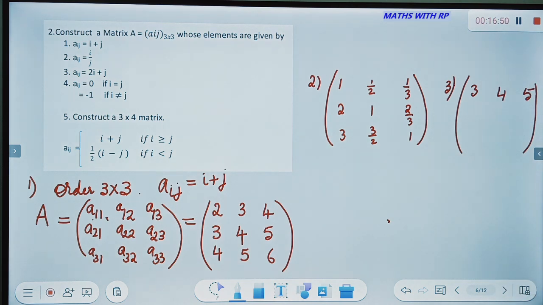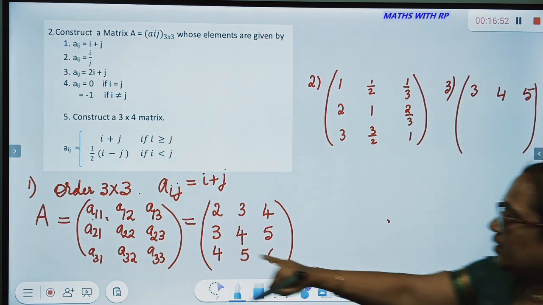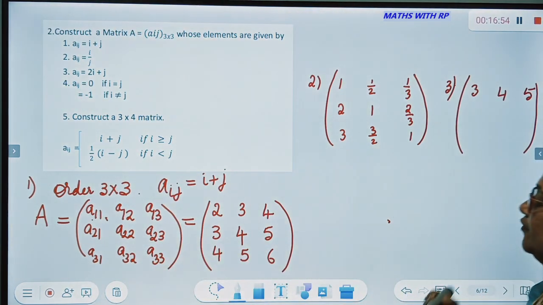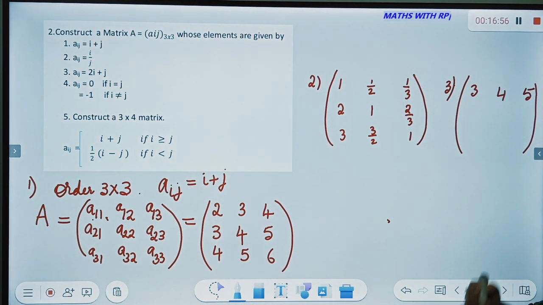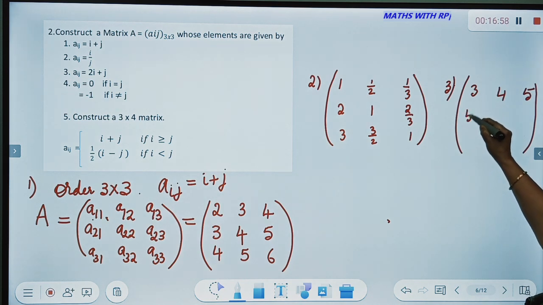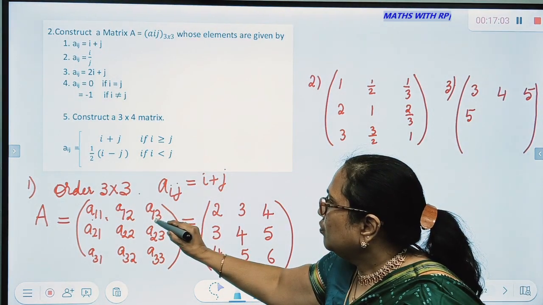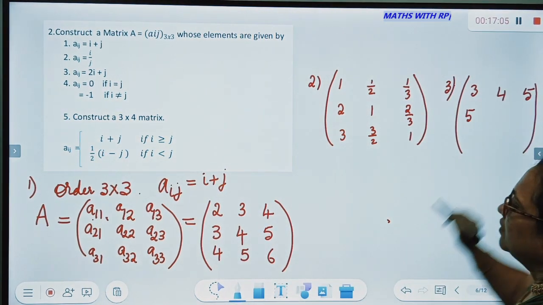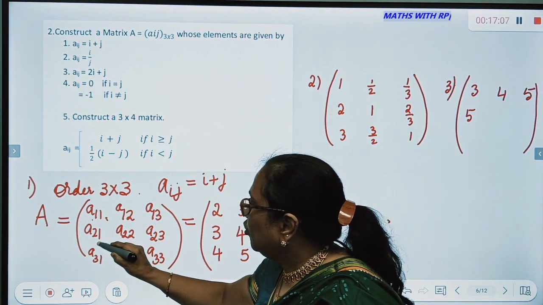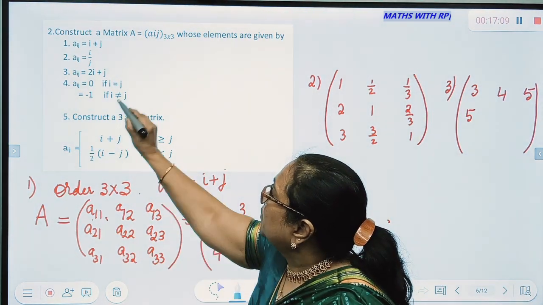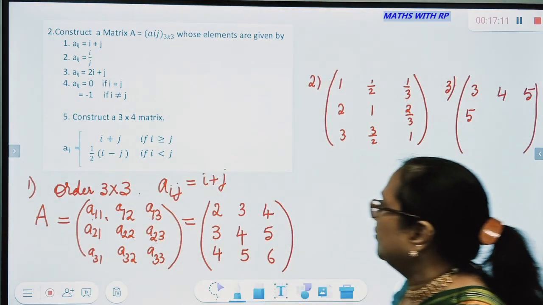2i plus j. Then second row, the first element, what will be 2i? A21 will be 2 into 2. i gets multiplied by 2. So 4 plus 1, 5.